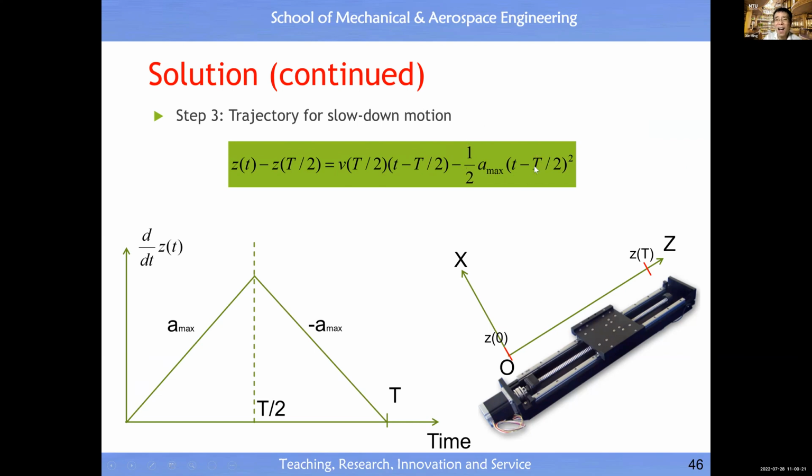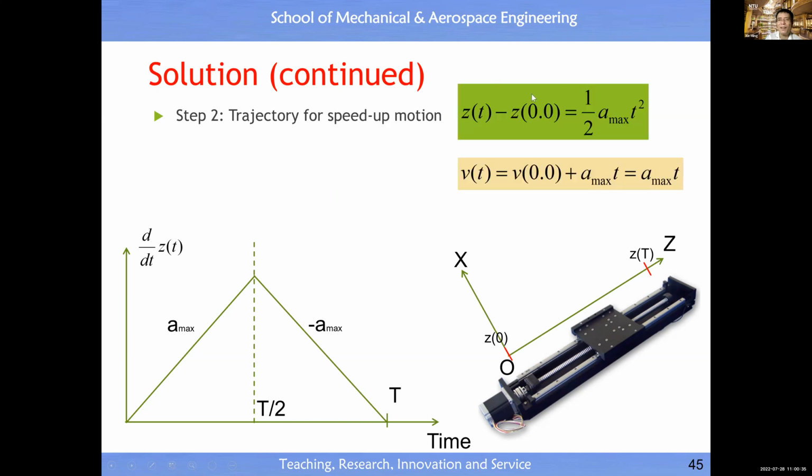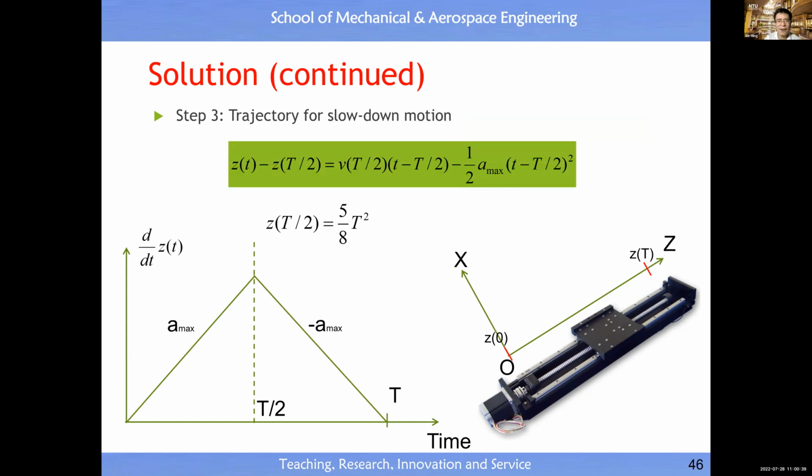T, because this is counted from this point of time. So this is a time duration. Because T minus T/2 is the duration of travel for this slowdown motion, all right? So this equation is the same as this one, all right? So it's only the boundary conditions are different, all right?